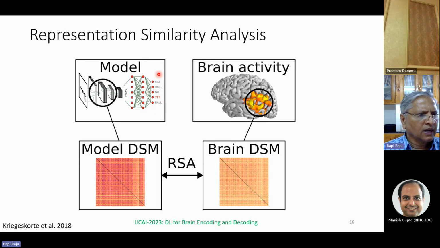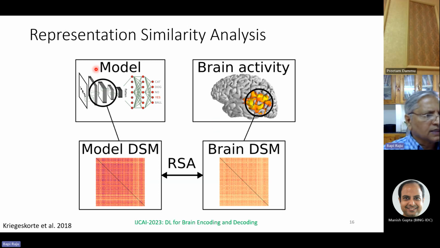If you have brain activity associated with this, you can also come up with a brain DSM, which compares the activation vectors associated with pairs of these objects, how similar they are, and summarize them in this kind of dissimilarity matrix, and look at how similar these two matrices are through some sort of metric, for example, a representation similarity metric, how correlated these are.